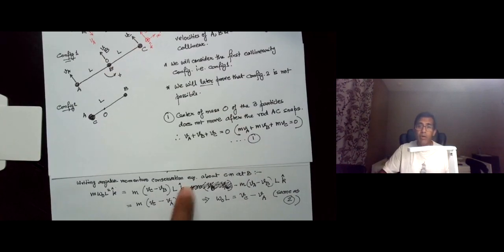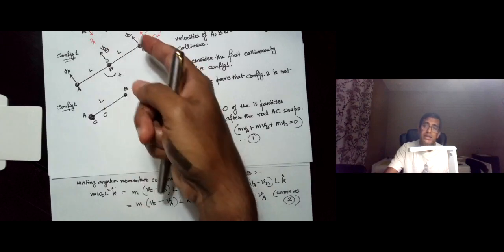Okay. Now, if we consider the velocities to be going positive in the positive y prime direction, then Vc minus Vb is a relative velocity of C with respect to B in the positive y prime direction, and that produces a net positive angular momentum. When we write Va minus Vb as we have written here, we are assuming a net positive velocity in A relative to B, and that is going to produce an angular momentum in the negative k direction, and hence we put this negative sign.